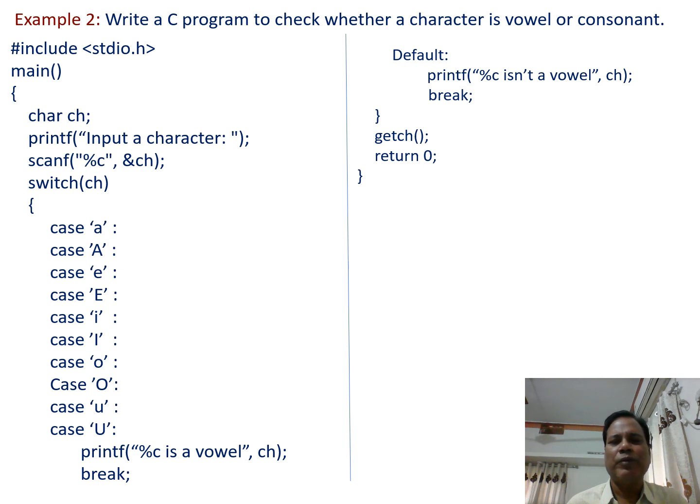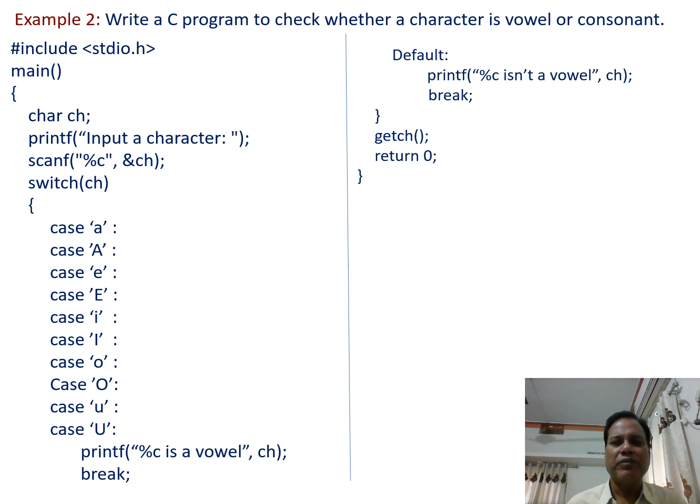Next, the printf statement is a message for a response from the user: input a character. Reading this message, we enter any character, and when the enter key is pressed, that character is stored in the variable ch.